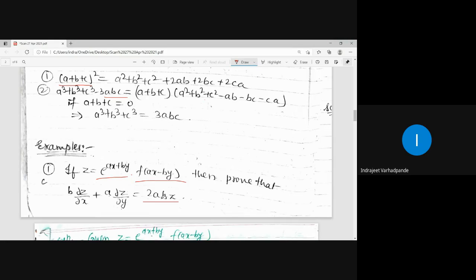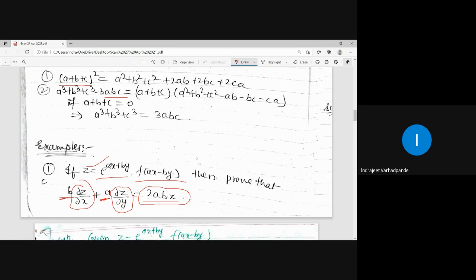Now, what you observe over here, we have to calculate del z by del x, then multiplied by b. We have to calculate del z by del y, then multiplied by a. And their addition should give you the answer as 2abz. Z means the original question.